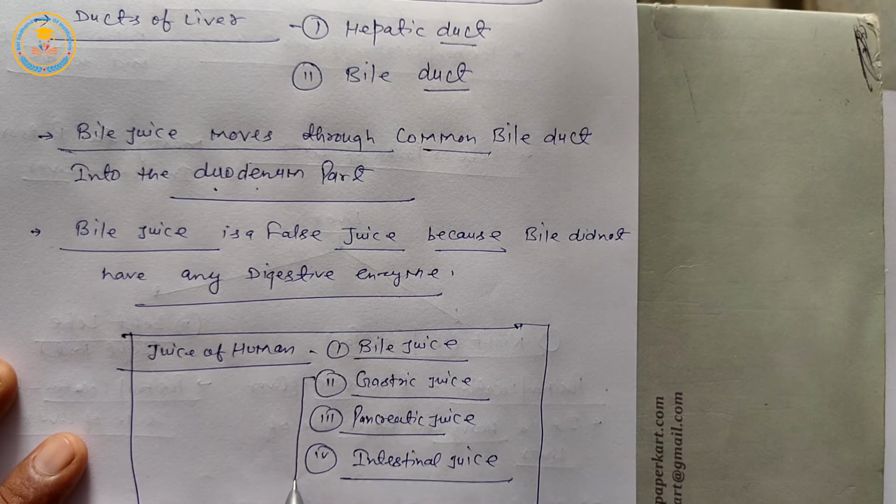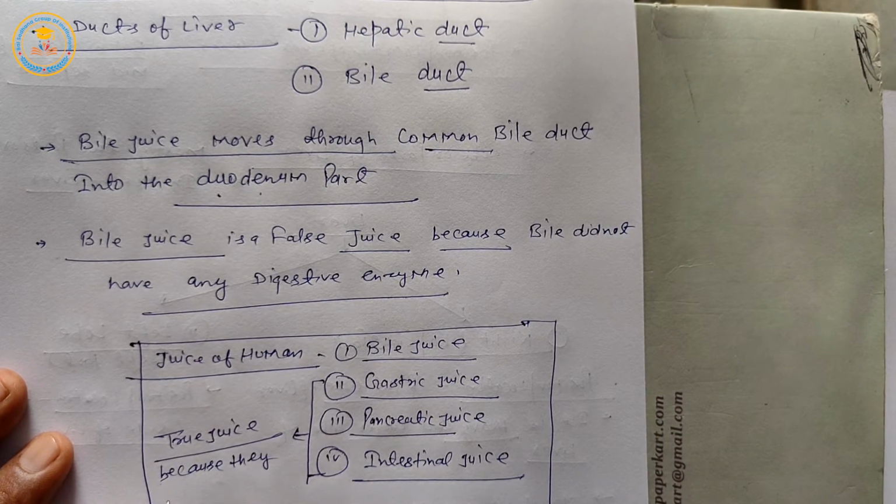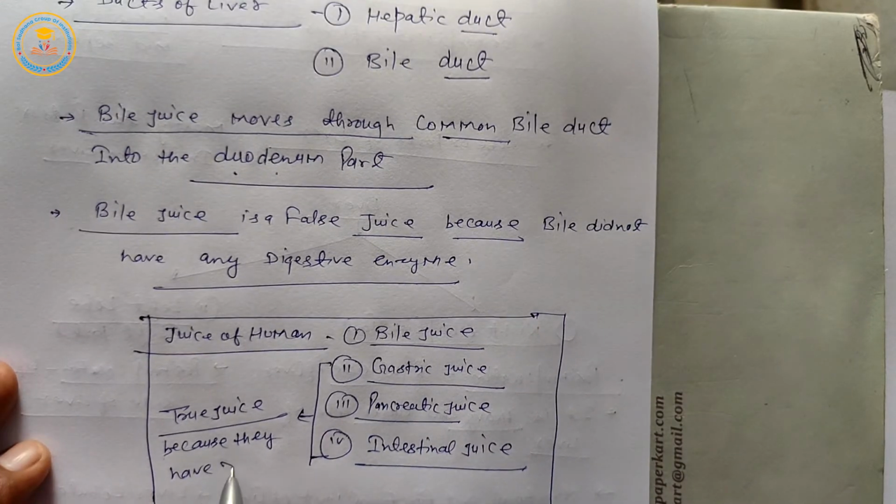Gastric, pancreatic and intestinal juices are true juices because they have digestive enzyme.